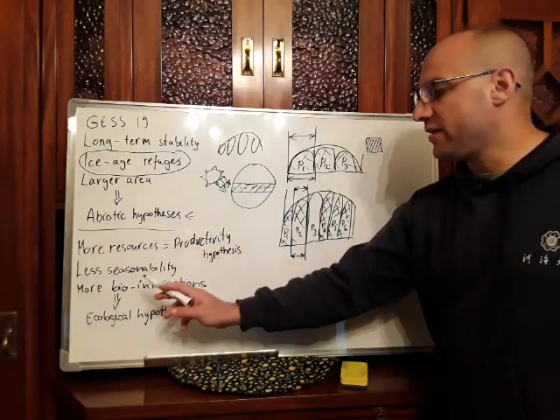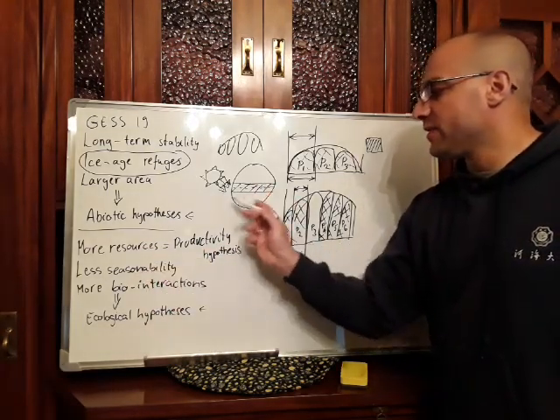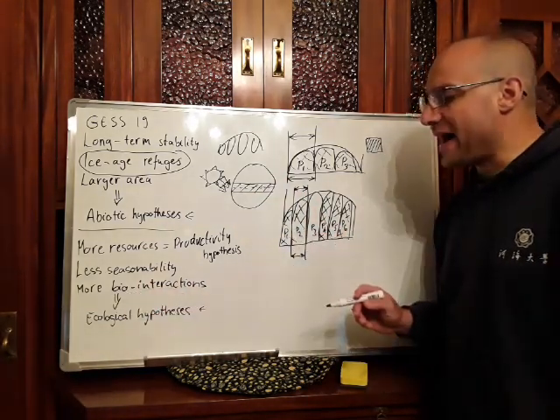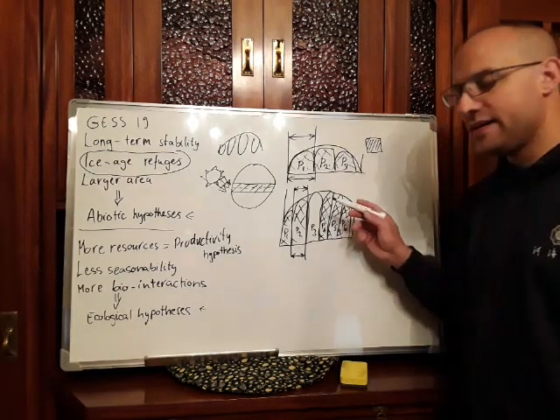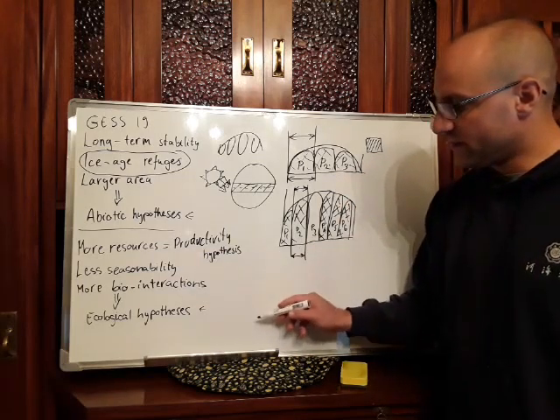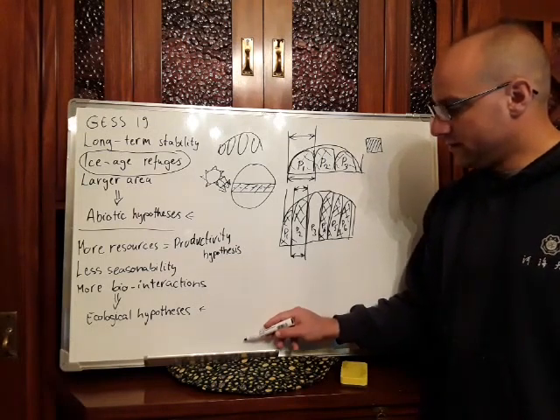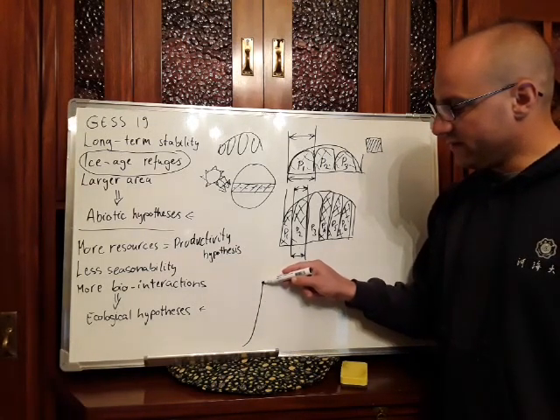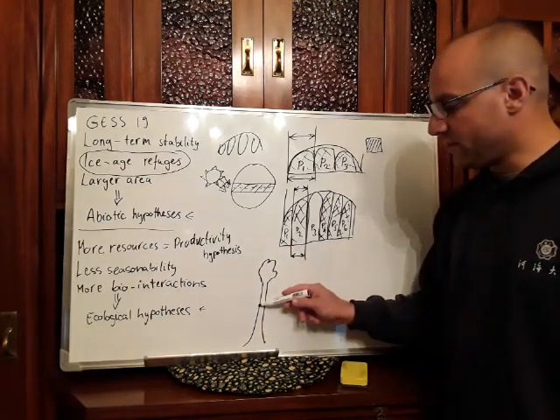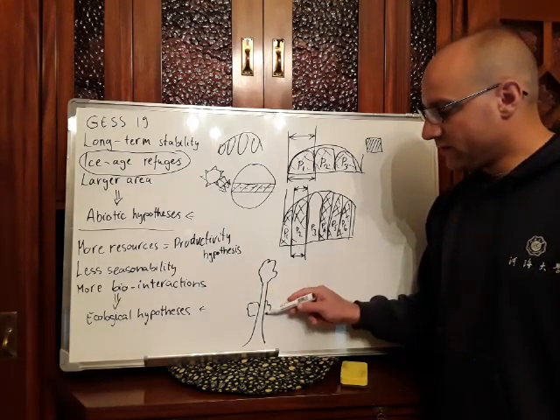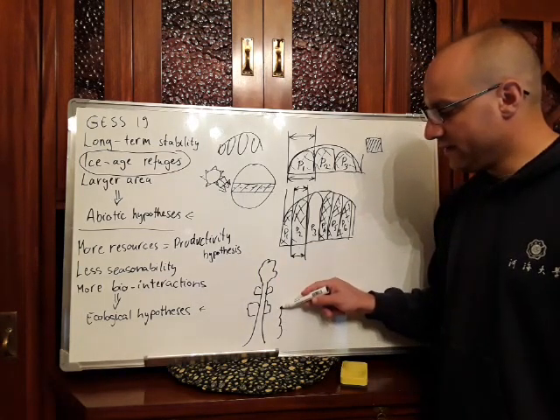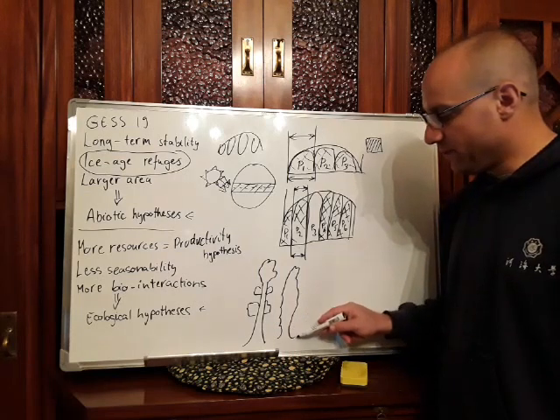And also we can think about not only less seasonality, because of course that is quite evident, but what the more bio interactions would mean. So in this case, if we have higher trees as well, so we know that in the rainforest it's not simply trees that we would find, but the tropical rainforest would mean that trees are going to be extremely high, like say 60 meters in height.